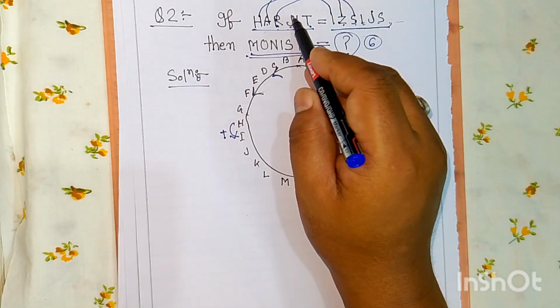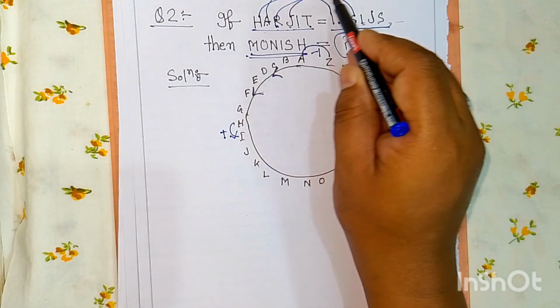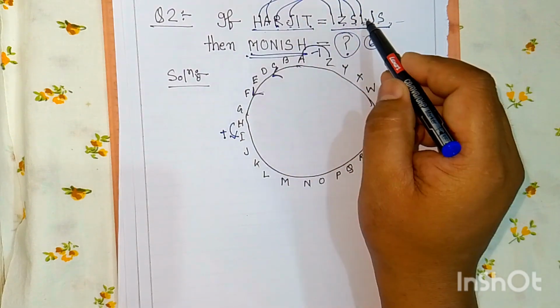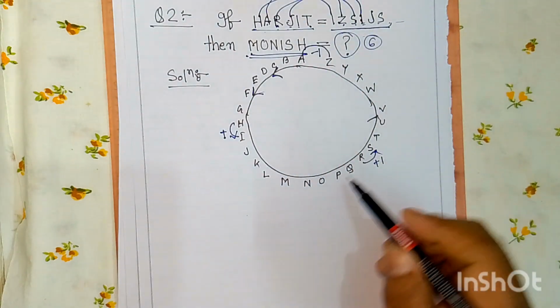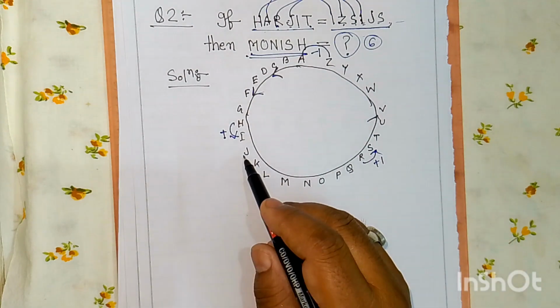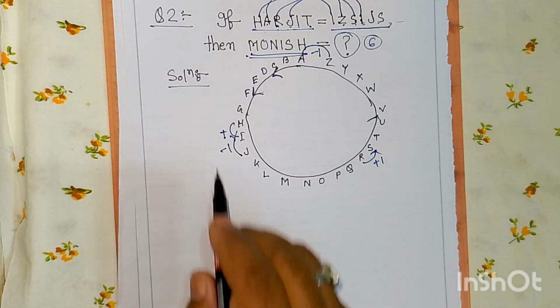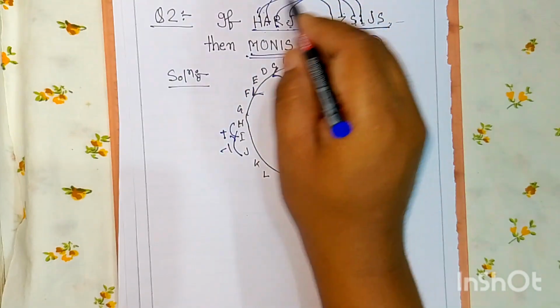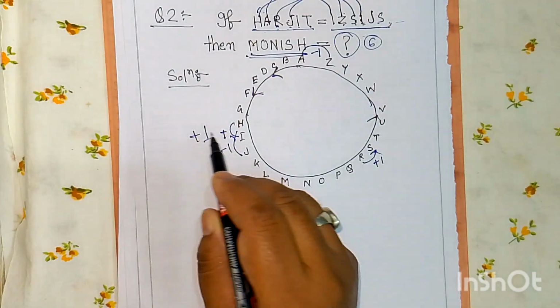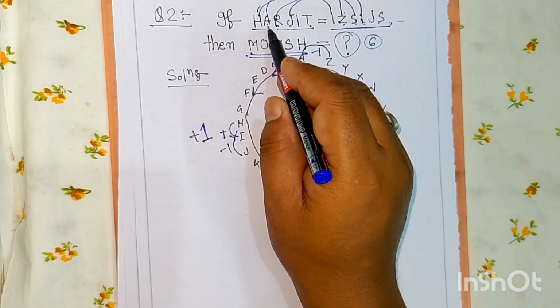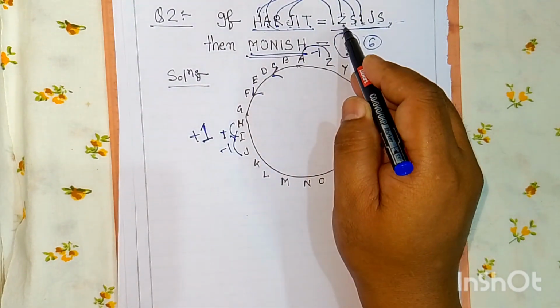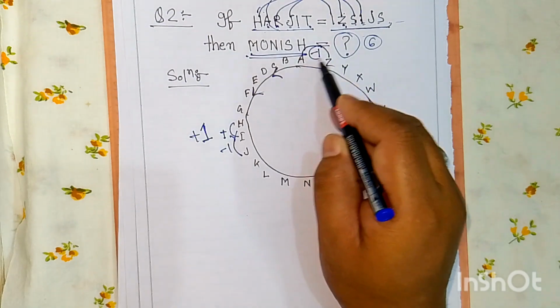Again, corresponding to I is Z. Going back, the first alphabet H is plus 1, and then A's corresponding alphabet Z is minus 1.